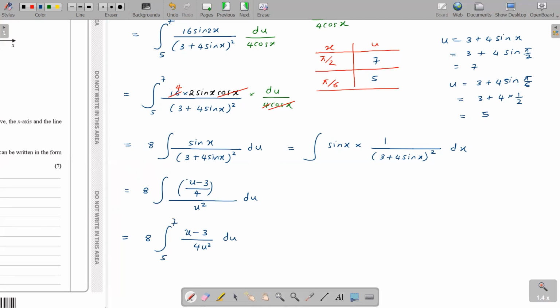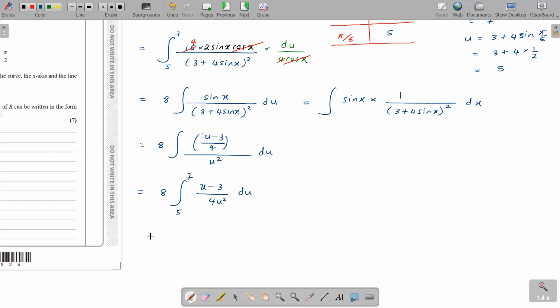So then shall we separate this out? 8 times integration. Let's take the 1 over 4 out as well, that makes it easier for us. So 8 over 4, and then inside the integral sign, u minus 3 over u squared. When I separate, u over u squared minus 3 over u squared.